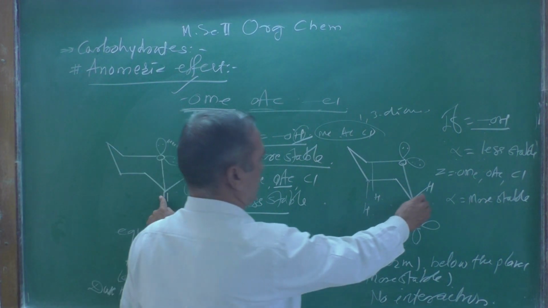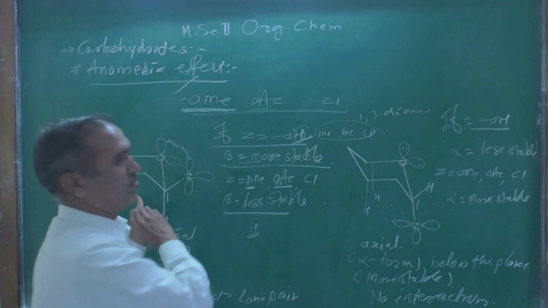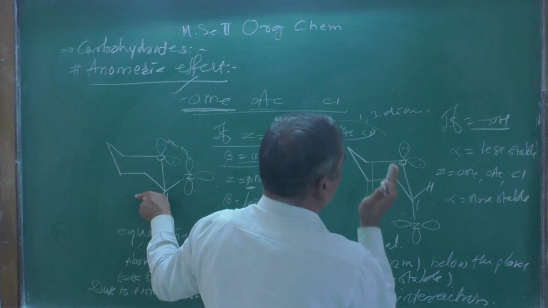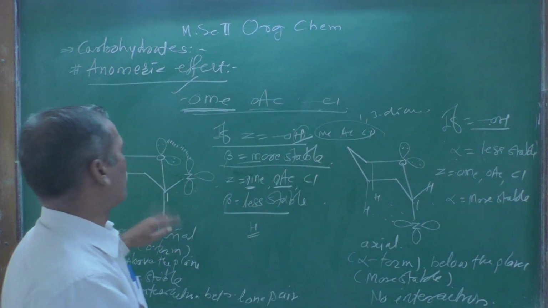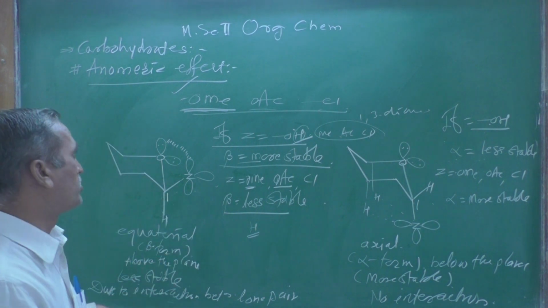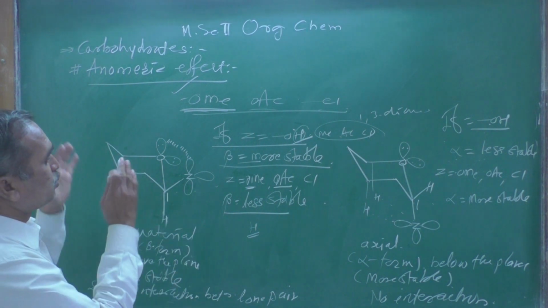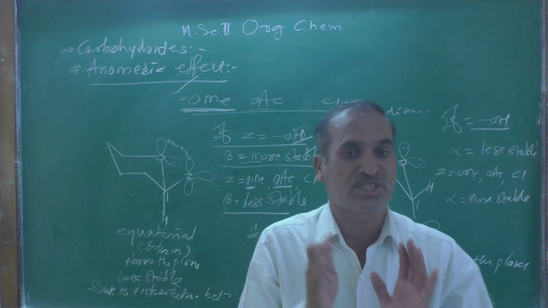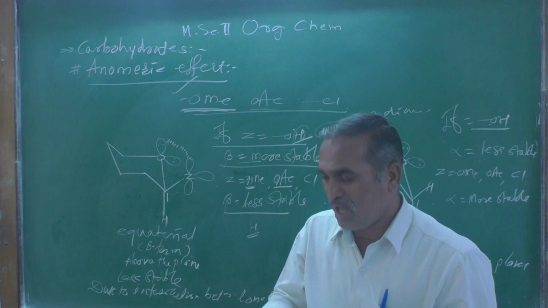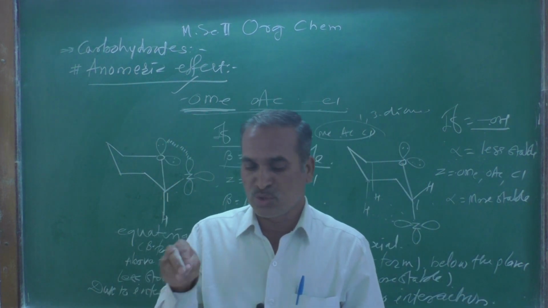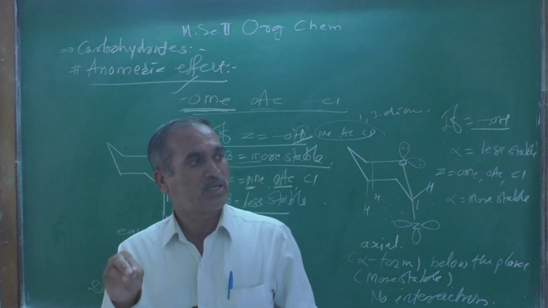and it is also carbon number 1, it will have a different configuration, and this will also have a different configuration, and therefore these are the anomers of each other, and due to this reason they show different stability, and that is why that type of effect is known as the anomeric effect.